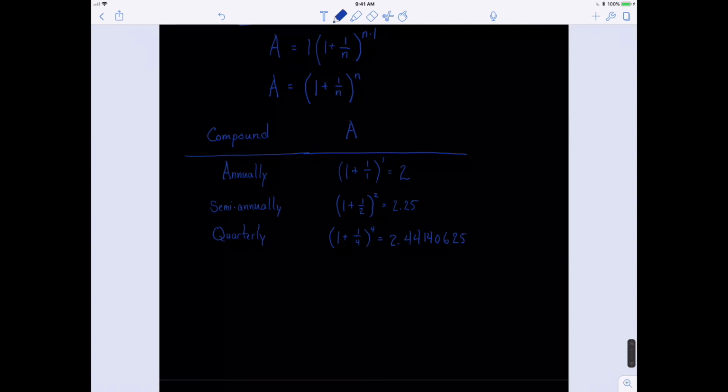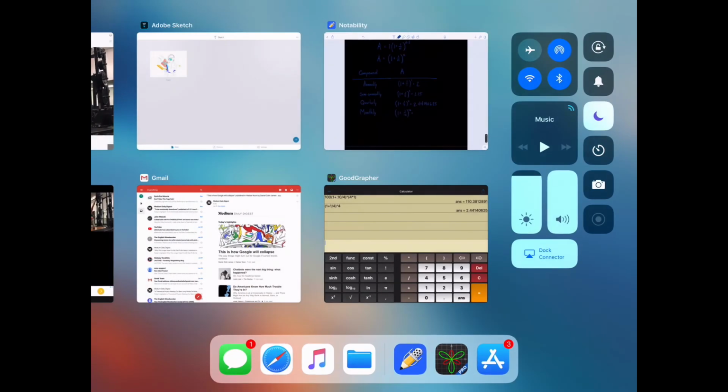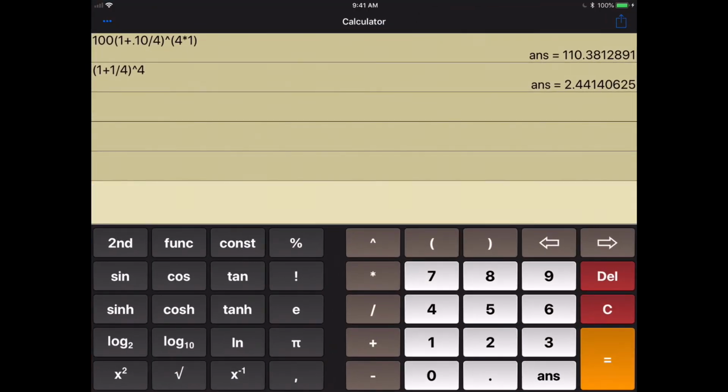Let's compound this monthly, once a month. Let's see what happens to our $1. That means 12 times in 1 year. 1 plus 1 divided by 12, raised to the 12th power. So we would go back here to our grapher. We're going to take 1 plus 1 divided by 12, parenthesis, raised to the 12th power.